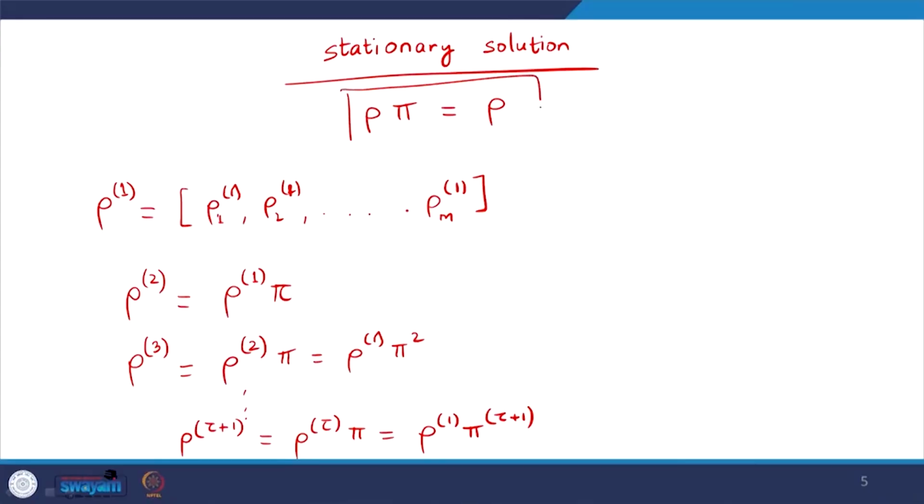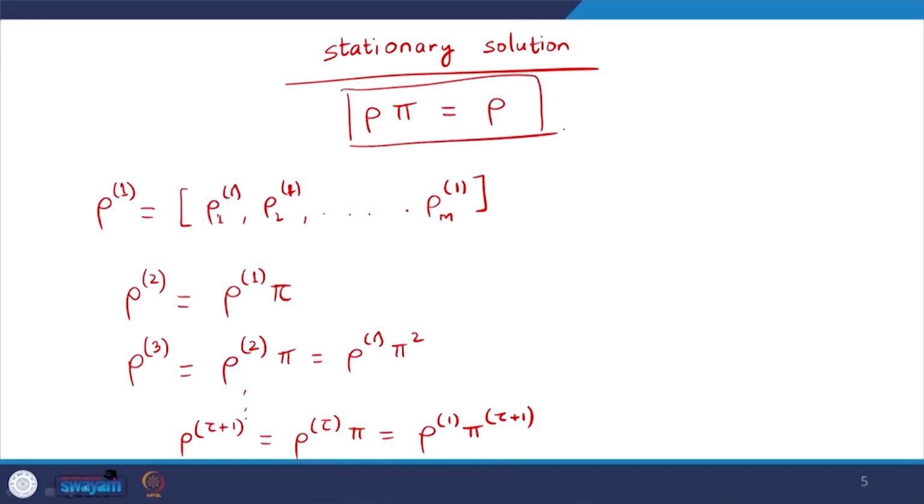So, rho should eventually converge to a stationary solution, because as long as that does not happen, we cannot say that we are at equilibrium, because equilibrium is defined as the stationary state. That is when the probability densities do not change, right.